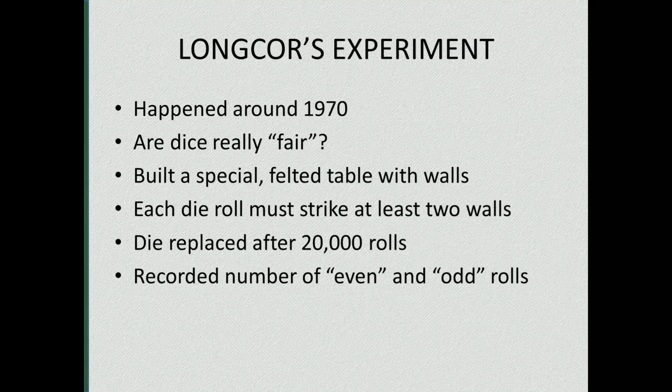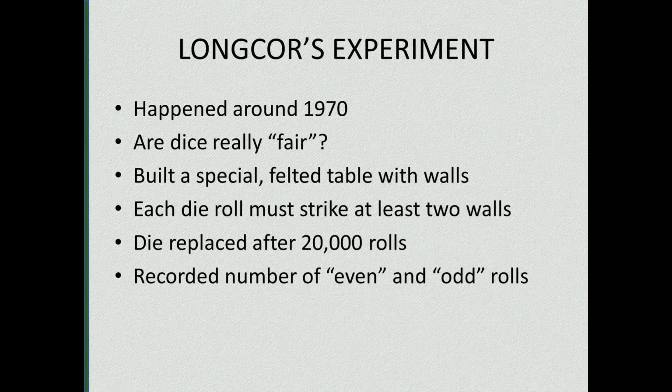And Longcor proceeds over the course of many, many months to start rolling dice. He builds a special casino model die rolling table, a felted table, with walls, cushions to use casino parlance, around the table, and when he rolls the die he makes sure it bounces off at least 2 of these cushions to ensure proper rolling randomness here.